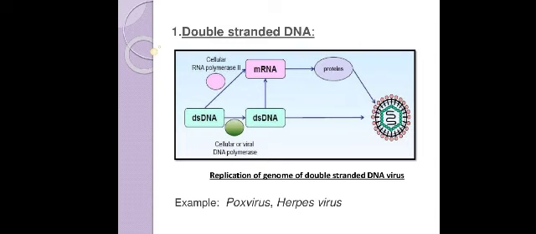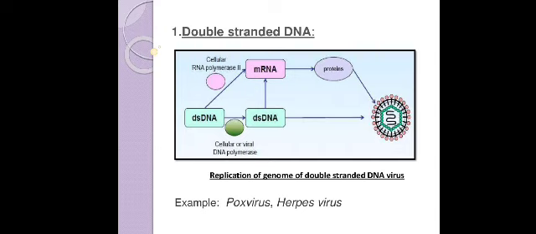Now let me start with the first, the double stranded DNA. Here the double stranded DNA can be converted into double stranded DNA with the help of cellular or viral DNA polymerase, or it may form mRNA with the help of cellular RNA polymerase 2.